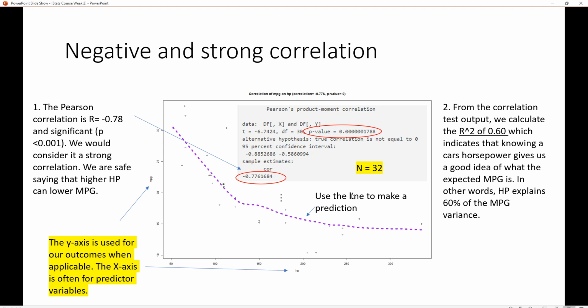In other words, you can use this line to make a prediction. If you know that the horsepower is about 100, you can then guess that the miles per gallon could be about 23 miles per gallon.